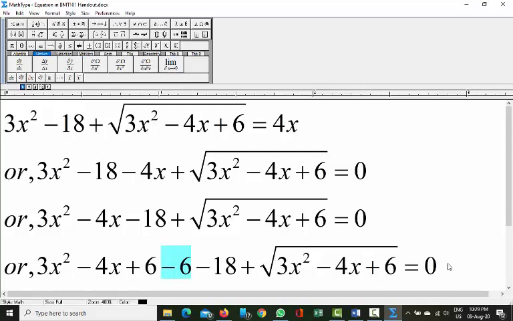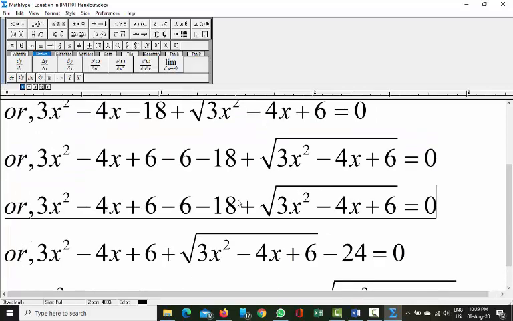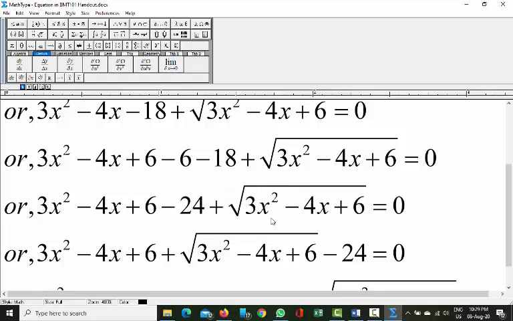So let me write another step there so that you shouldn't get confused. So here minus 6 minus 18, we can write it like minus 24, right.